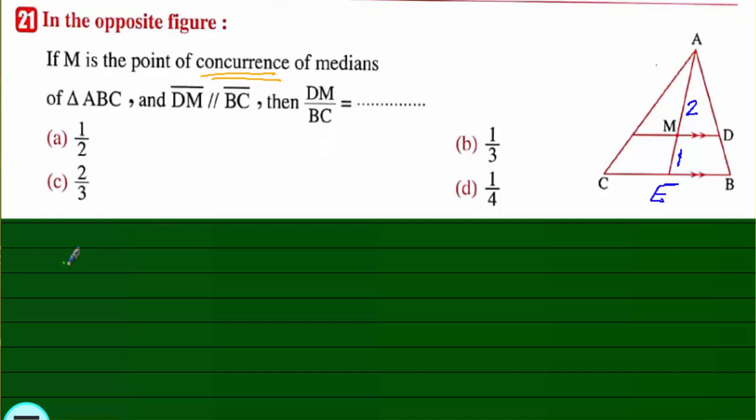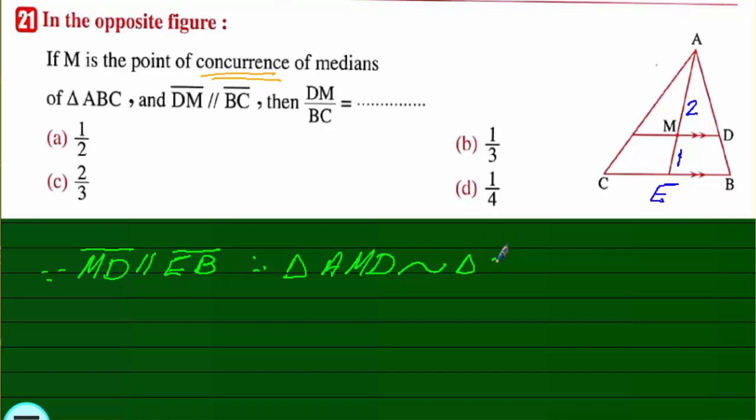From the given, since MD is parallel to EB, triangle AMD is similar to triangle AEB.